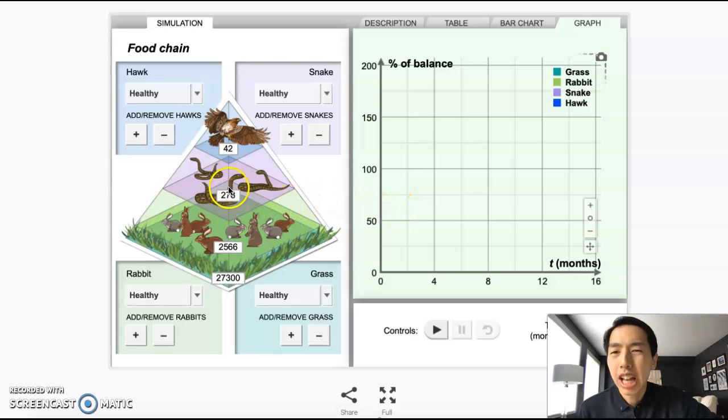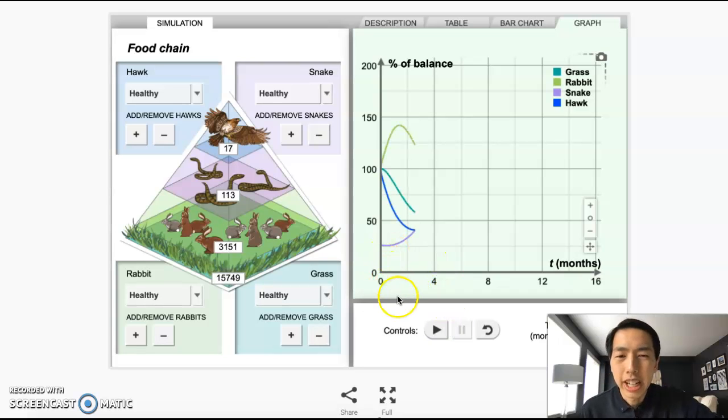Now, let's say something happens and for whatever reason, we start with a lot fewer snakes. So there's 278 snakes. I can click this minus sign, make the snake population go way down, and then click play. What's going to happen on the graph here?